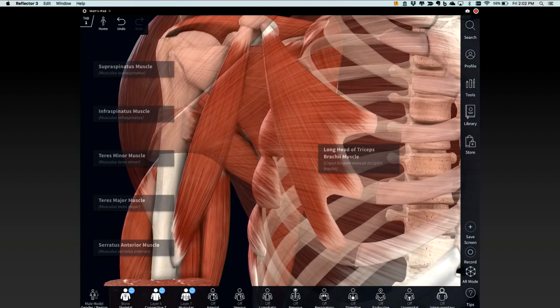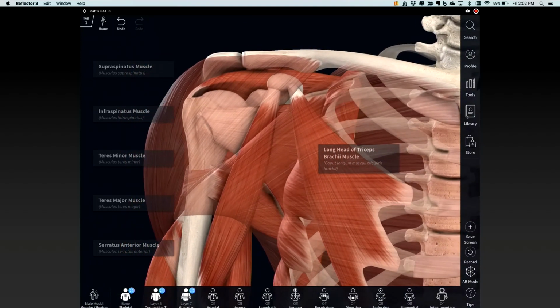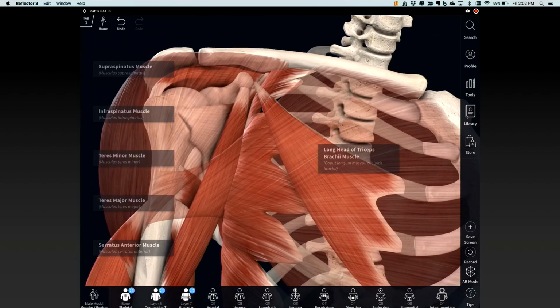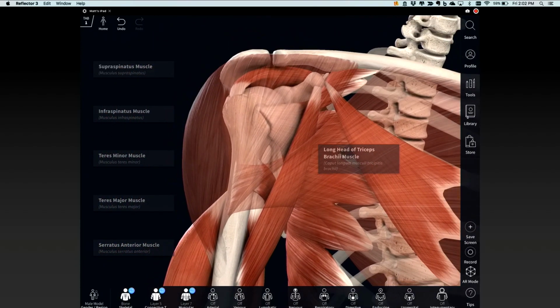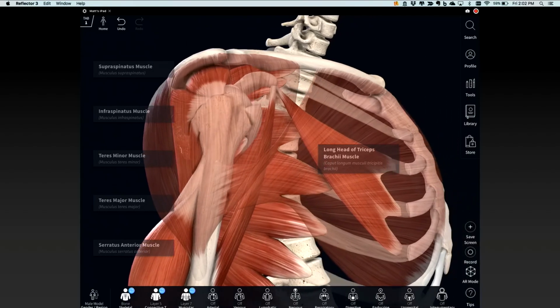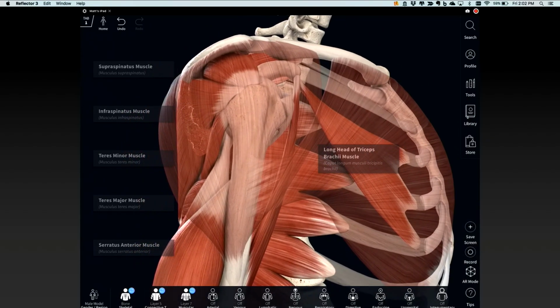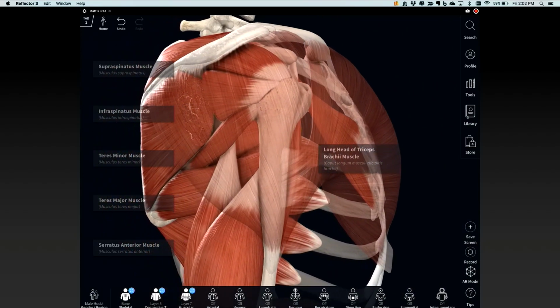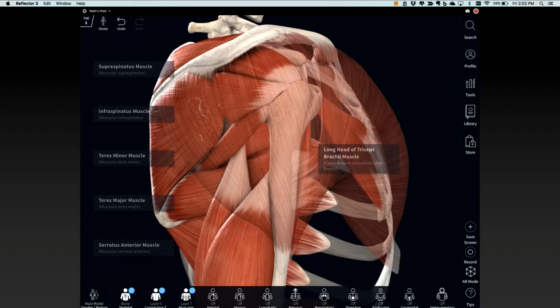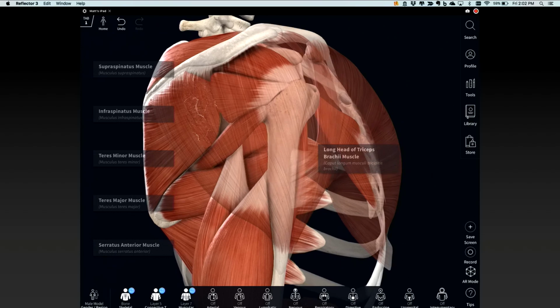This is the shoulder joint with all the muscles overlaid. So we can see through the deltoid muscle. You can see some of the ligaments that we talked about. And then the rotator cuff, all of these muscles on the posterior portion that connect the humerus to the scapula.